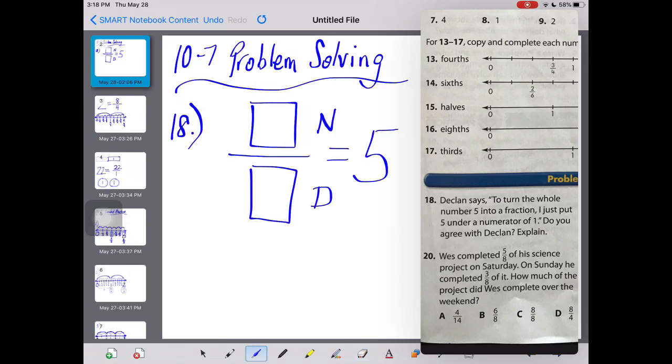If he would have put 1 under the numerator of 5, that describes 5 wholes. Because now we have the denominator, which states there's only 1 piece in every whole. So that whole candy bar, that whole pizza, has not been sliced up. It's just one giant piece. And if you have 5 of these pieces, each one represents a pizza. So you have 5 pizzas or 5 things.